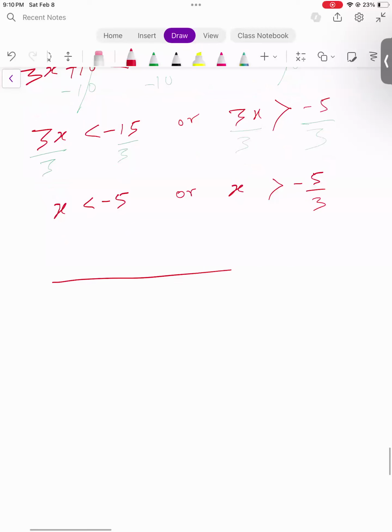For that, you draw a number line, on the left -infinity, on the right +infinity. So we have these two numbers. Let's say our -5 is somewhere here and -5/3, this is the greater, so let's say over here -5/3. There is no equal to sign.